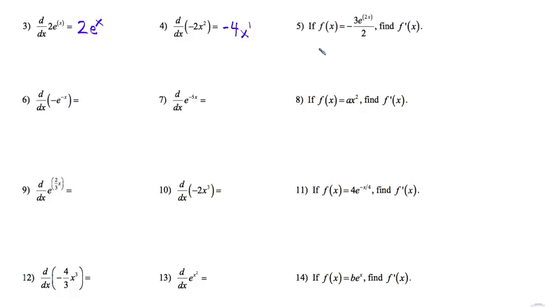Number 5. So f prime of x, or the derivative of this function. This one's maybe a little bit hard to see, but the outer is negative 3/2 e to the something. So daughter here is negative 3/2 e to the something.